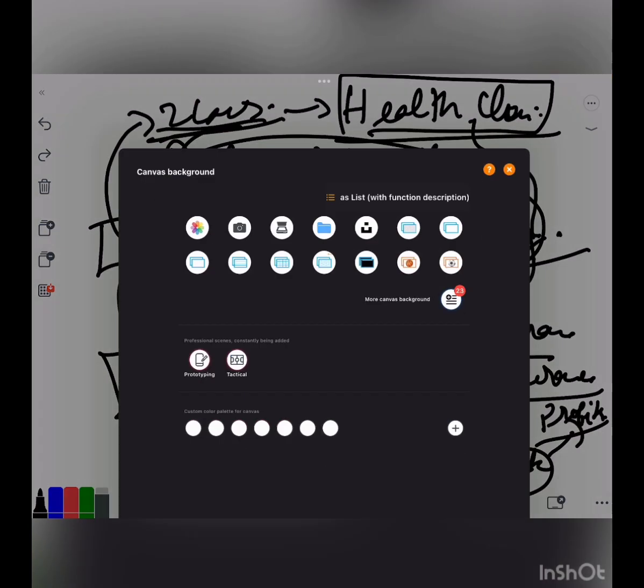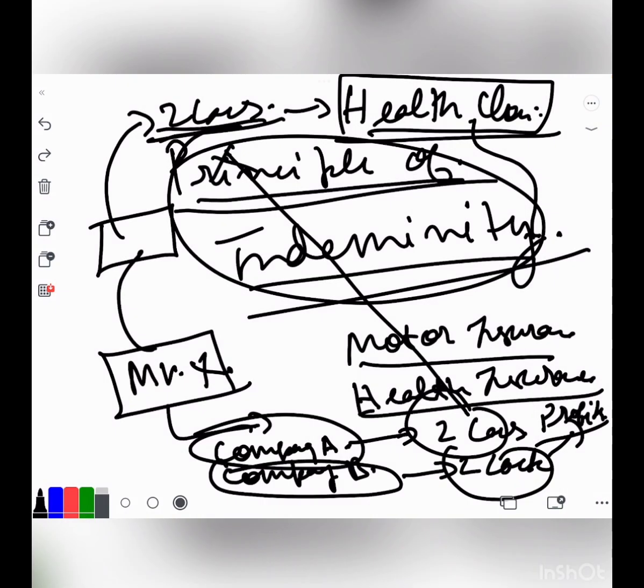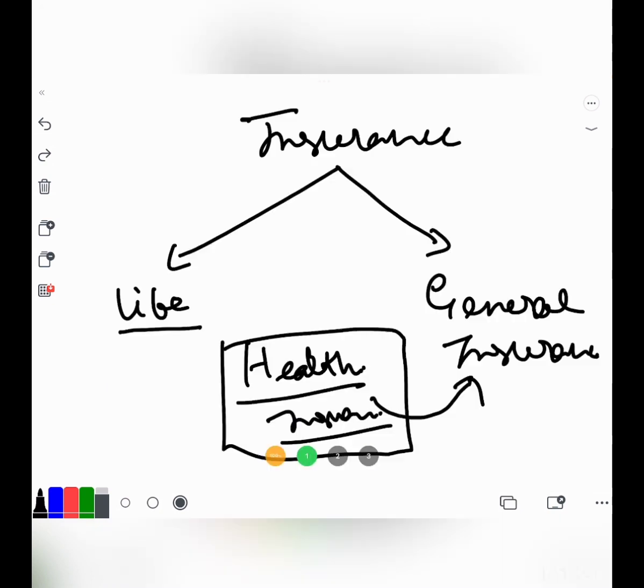So as I had told you before, whether health insurance is life insurance or general insurance, now we can easily say that health insurance is a general insurance and not life insurance.